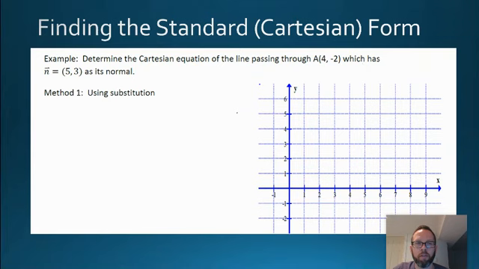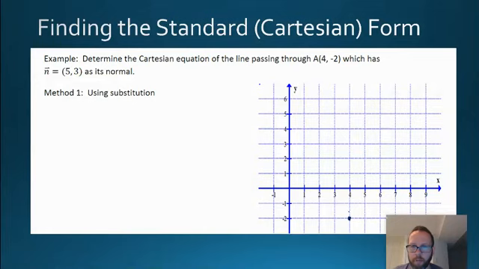So let's just do an example based on that. I'm going to show you two ways that you can get the Cartesian equation if all you have is a point and a normal. Our line is going through (4, -2). I'm going to sketch this, (4, -2). The normal is [5, 3].